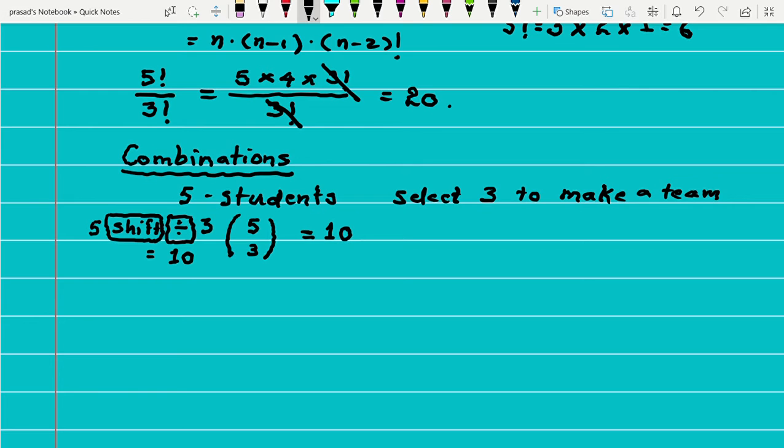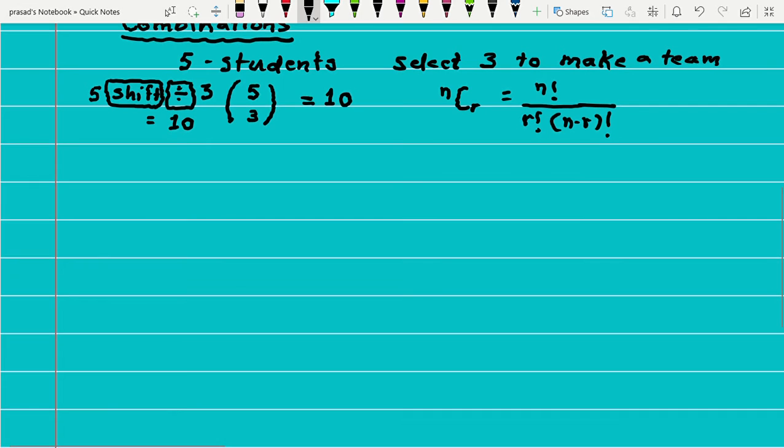So in general, nCr is n factorial upon r factorial into n minus r factorial. But you don't have to worry about this formula. We'll be doing this on the calculator. Now, you have to know some of the properties of these combinations.